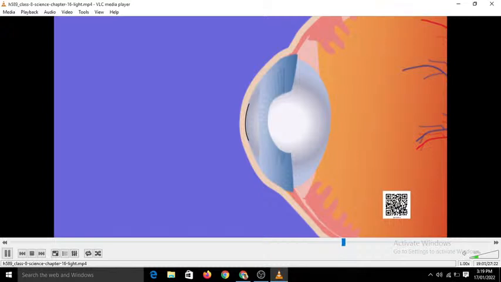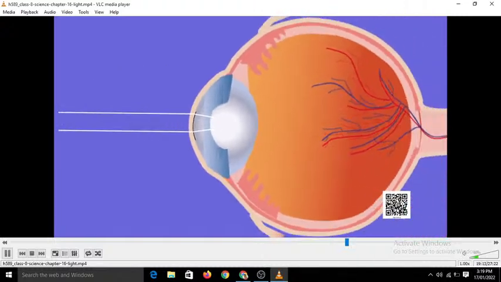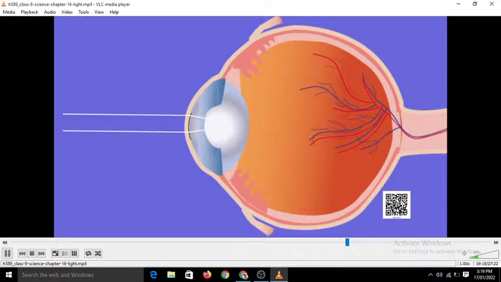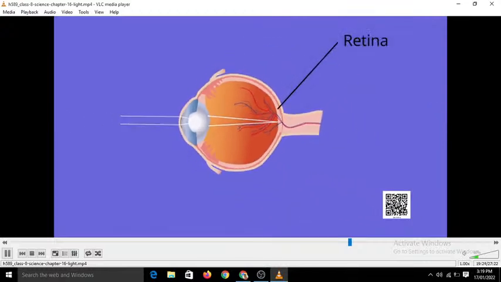Light rays from the pupil fall on the lens of the eye. The lens present in our eye is a convex lens, which is thicker at the center. The lens focuses light on the back of the eye on a layer called retina. The retina contains several nerve cells.